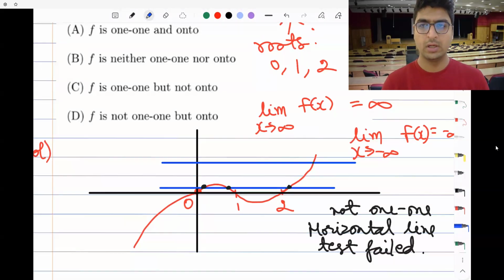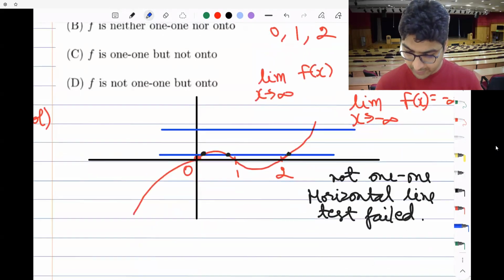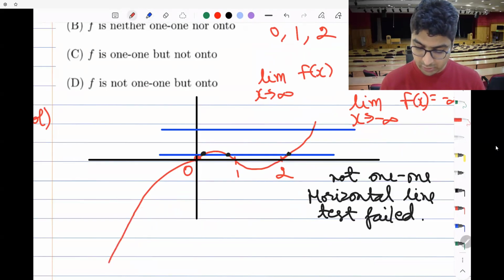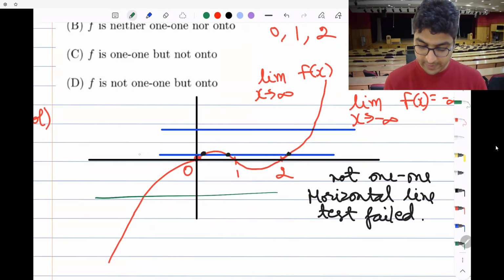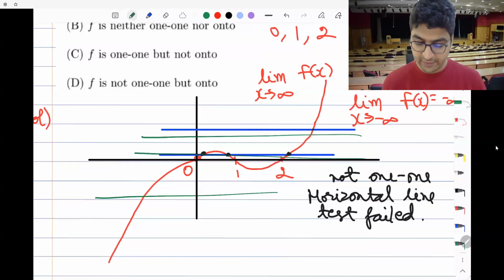Okay, for all the y. तो सिर्फ एक या दो जगह नहीं, it has to satisfy at all the places. Okay, then onto: for onto what you need is that for each y you need at least 1 x, so which is obviously here. This can go down further, this can go up further. तो यहाँ पर obviously for each y जब भी आप चेक करोगे there will be at least 1 x. यहाँ पर we have 3, here we have 1.